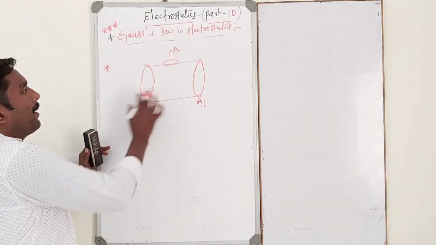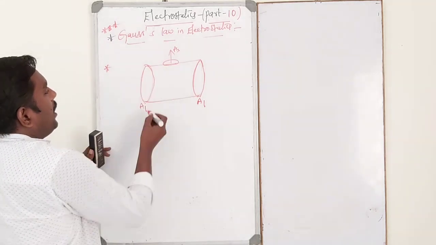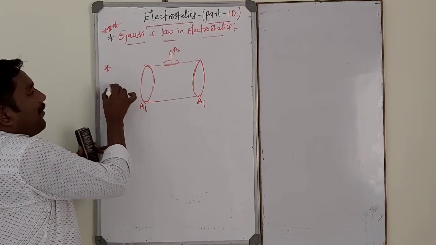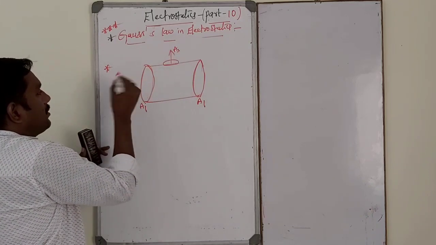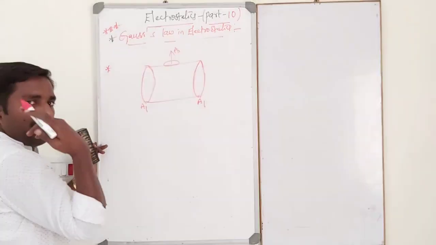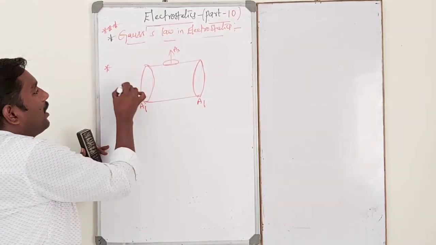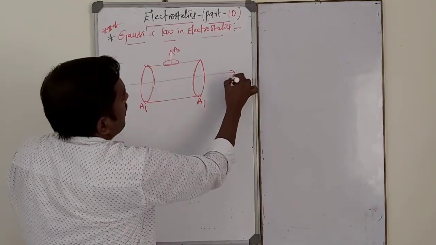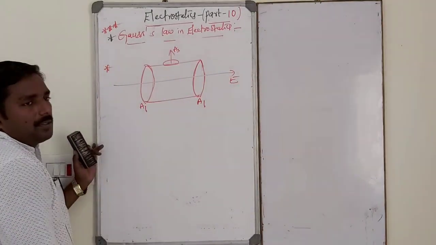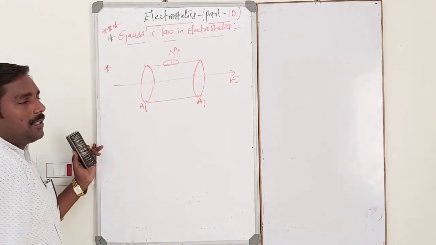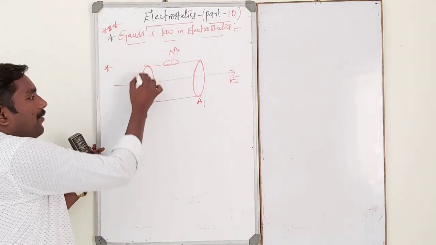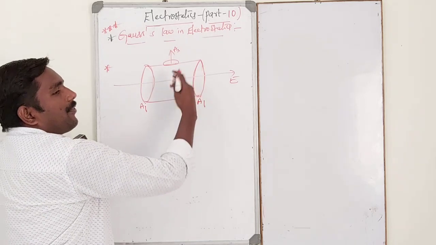Small example. Okay. See, electric field lines are passing through it. The electric field lines originate from infinity. This is the direction of electric field. So A1 be the area of the first side, A2 be the area of the other side.